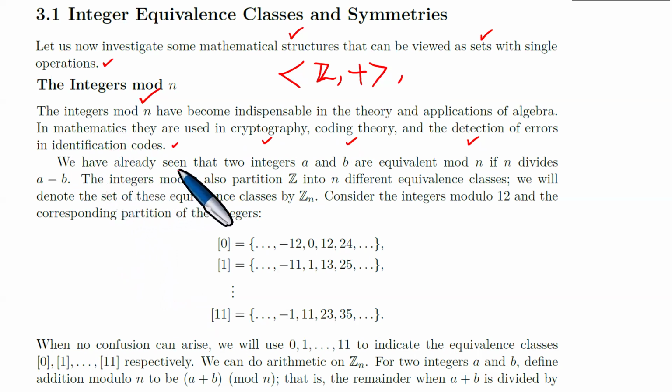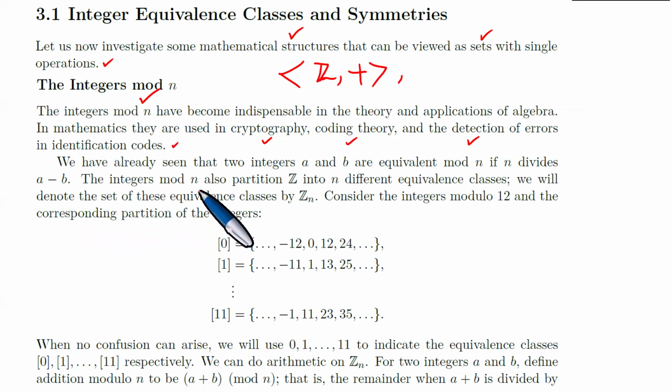We have already seen that two integers, a and b, are equivalent mod n if n divides the difference. So the question becomes, when do we say two integers, a and b, are equivalent modulo n? If n divides a minus b.